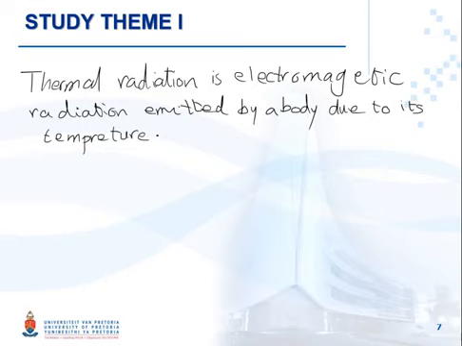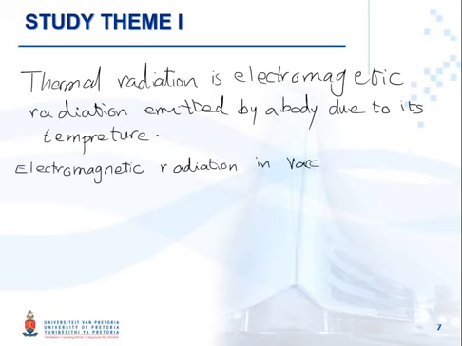But you see here, we are speaking about electromagnetic radiation, okay? But at the same time, we said that radiation is the only mode of heat transfer that occurs in vacuum. So, what about electromagnetic radiation in a vacuum? We want to talk about it.